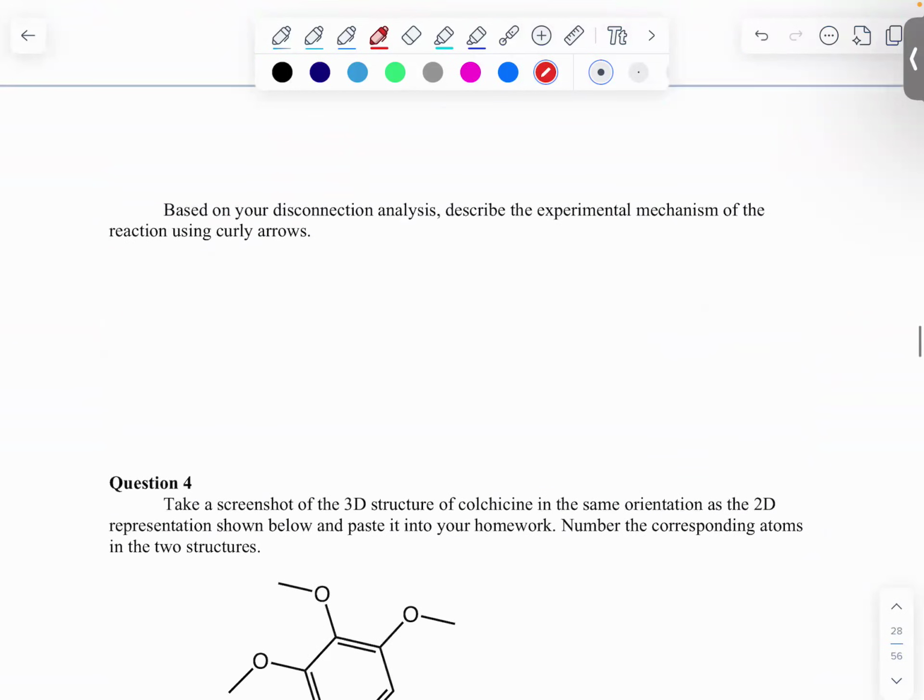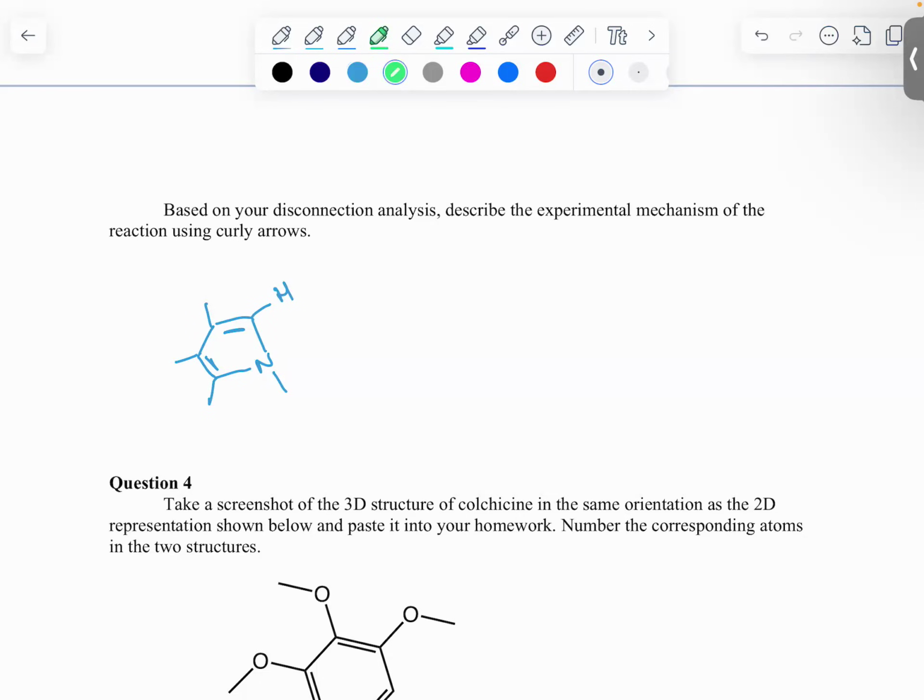So now we can look at the experimental mechanism of this reaction. So we'll start with our starting material drawn out here. We have that tertiary amine, and then we have our 2 double bonds and all of those methyl groups.